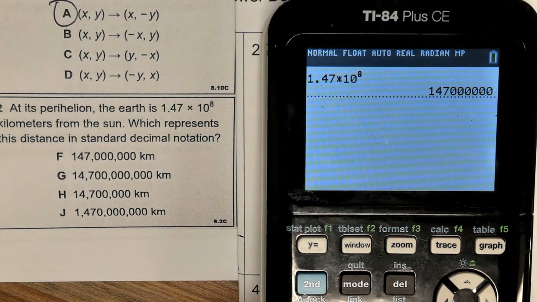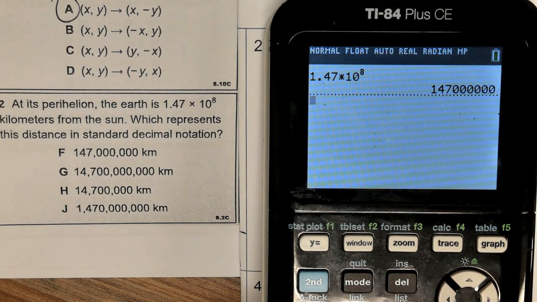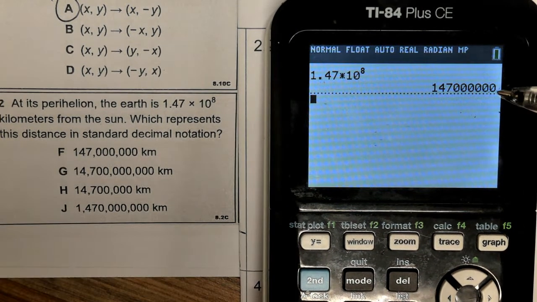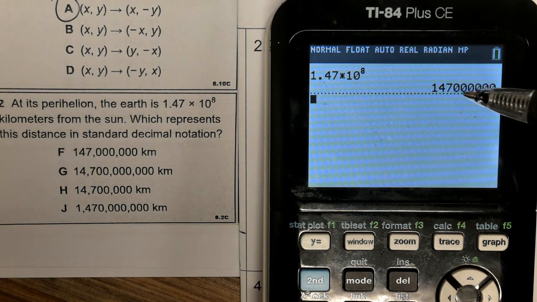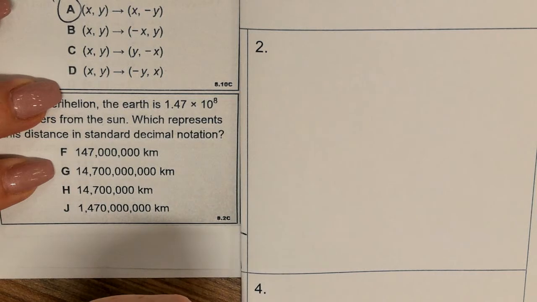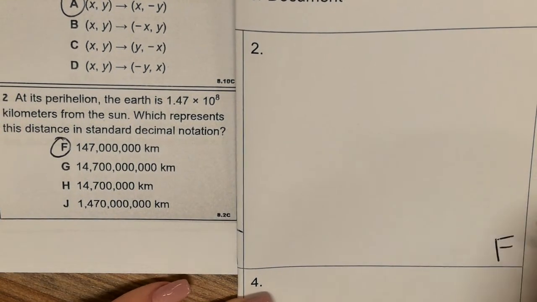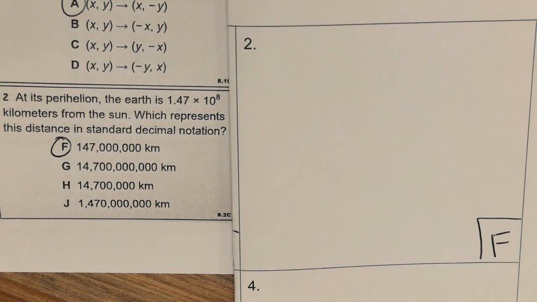If you miss a question like that, it tells me that you are not trying at all. So how many zeros are there? 1, 2, 3, 4, 5, 6. So what was the correct answer? F.